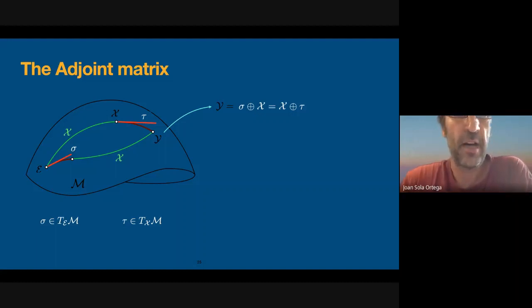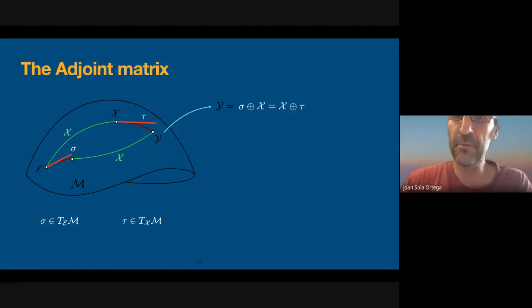So you can get to the point Y by doing either sigma plus X or doing X plus tau. And because these operations are not commutative, sigma and tau are not the same, not equal, okay? But they must be related somehow. There must be a relation between sigma and tau, so that if you do one operation or the other operation, you get exactly to the same point, Y, okay?